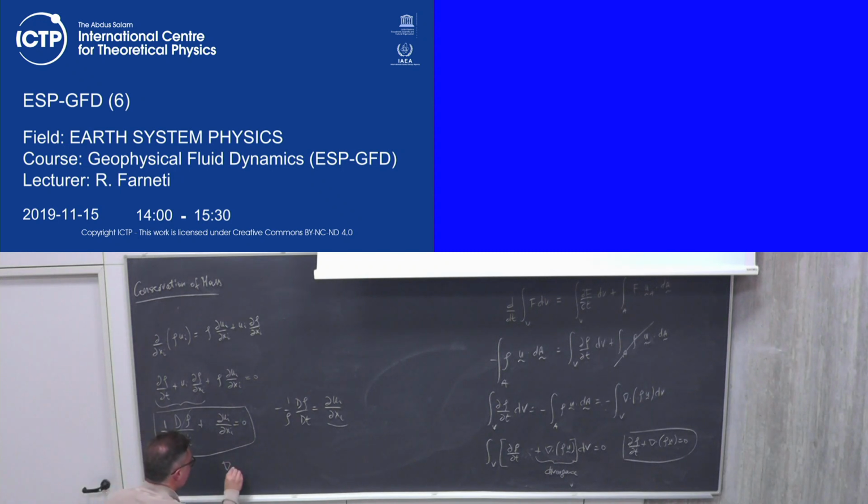And so for an incompressible fluid, I get this. The continuity equation reduces to the divergence of the fluid velocity being zero, because this term vanishes. Okay, it's not 0, but it's very small, so the derivatives of this are going to be very, very small.